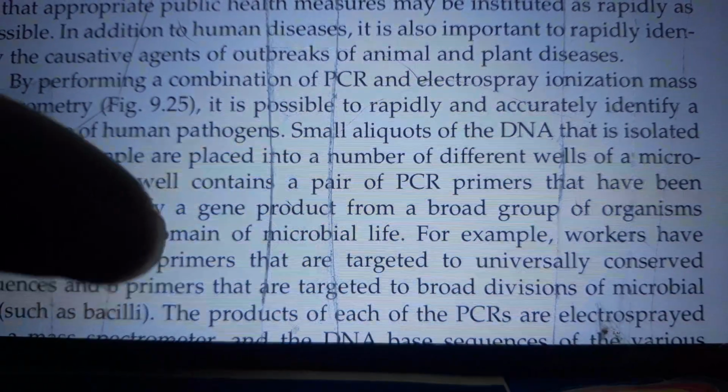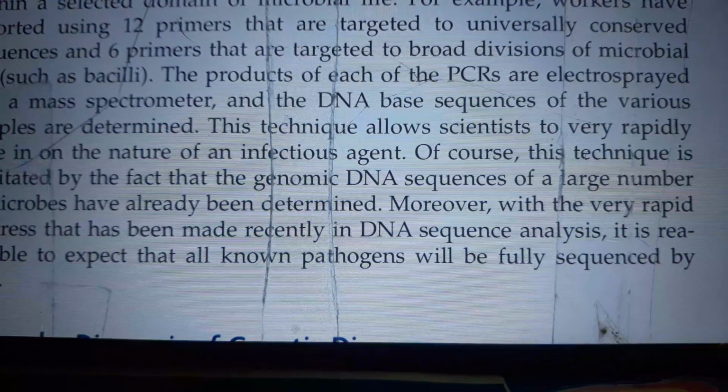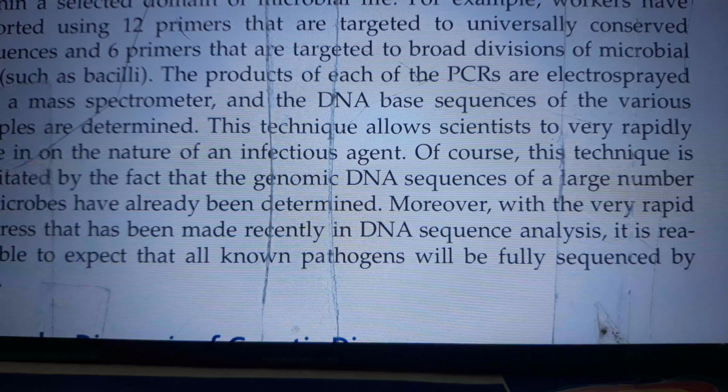Each well contains a pair of PCR primers that have been designed to amplify a gene product from a broad group of organisms within a selected domain of microbial life. For example, workers have reported using 12 primers that are targeted to universally conserved sequences and 6 primers that are targeted to broad divisions of microbial life, such as bacilli.